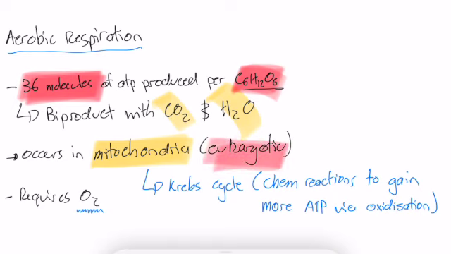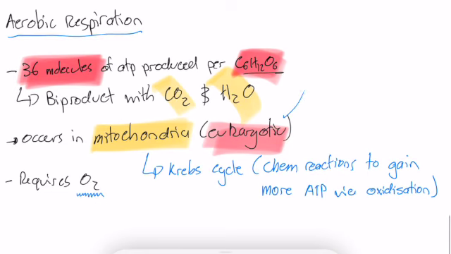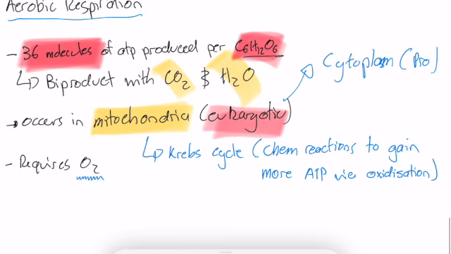So that's important to note because, of course, prokaryotes don't have that same compartmentalized structure. So you'll find for prokaryotes, it will effectively just be in that cytoplasm. Now, aerobic respiration requires oxygen.